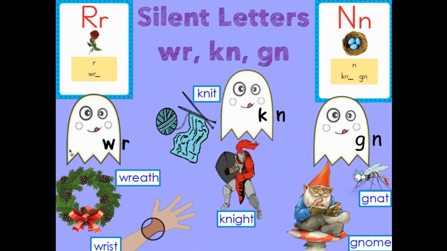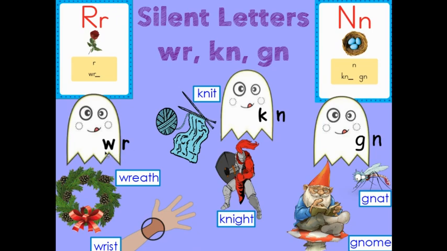To help you remember these consonant digraphs, I like to think of these silent letters like they're ghosts. I sometimes call these ghost letters. So when you see this ghost here, you can see the W is in the ghost and the R is on the outside of the ghost.